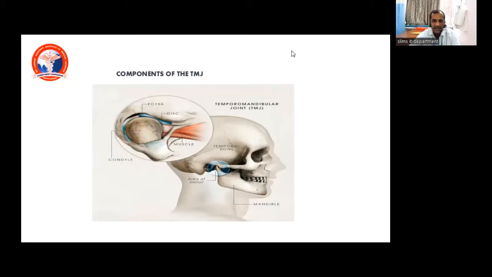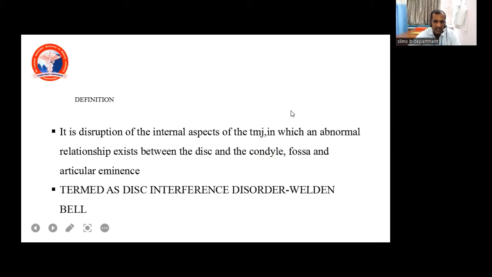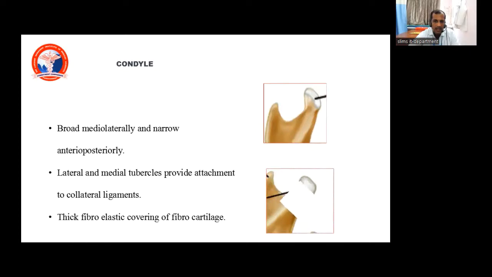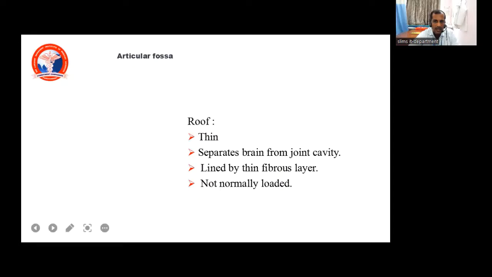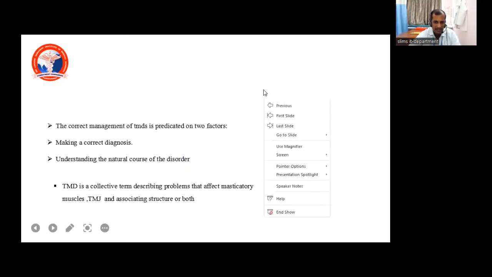And the other thing that should be kept in mind is the importance of the correct diagnosis, which determines the success of the treatment.